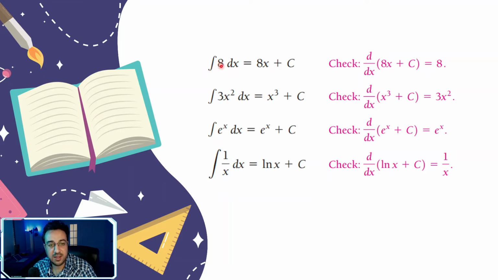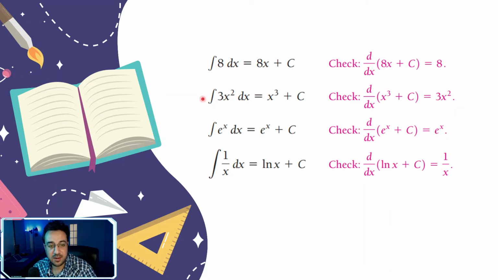In order to get 8, this function should be 8x. When you derive 8x, you get 8. As simple as that. That's what we call the antiderivative plus the constant of integration. If you want to check, derive the function 8x plus c and see what you get. In this case, you get 8. That means your integration was right.